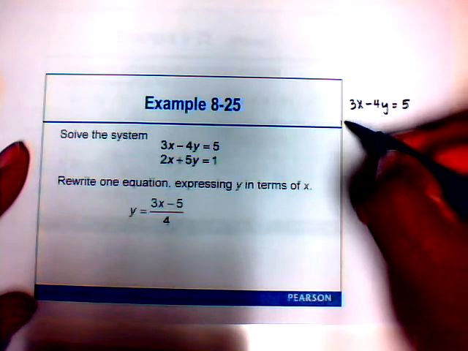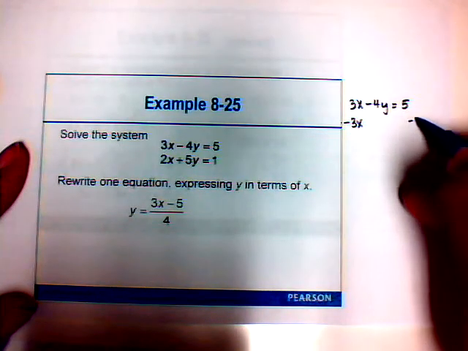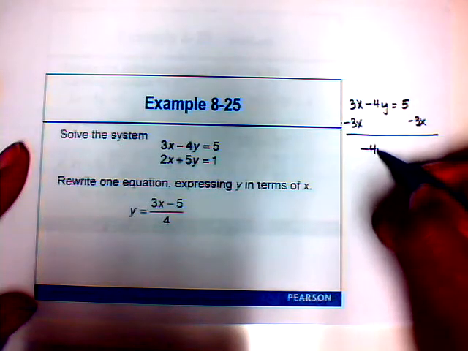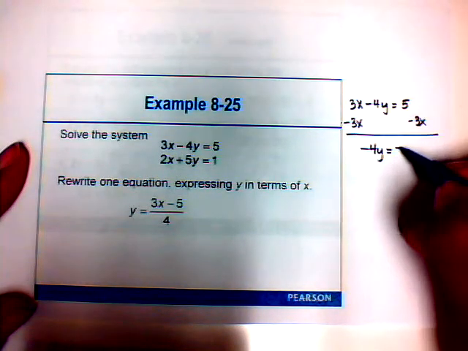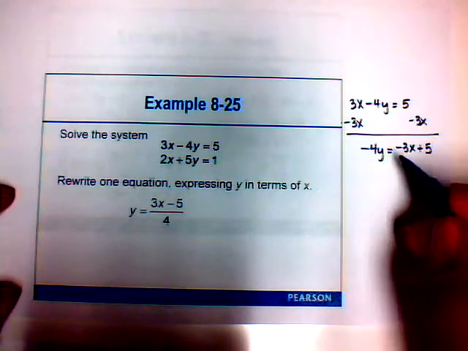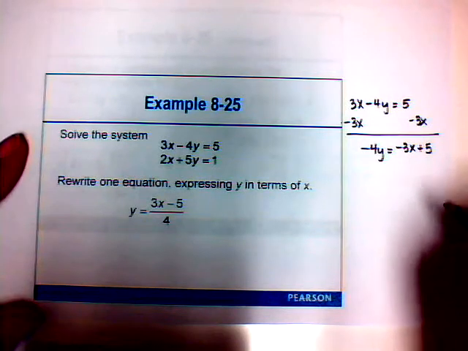To do that, you have to subtract 3x on both sides, which means you're going to have negative 4y that's equal to, I'm just rewriting this with the x first, negative 3x plus 5.